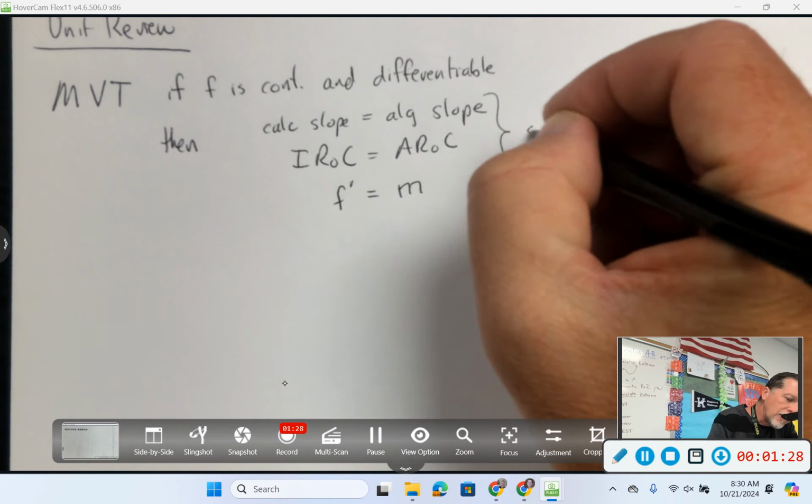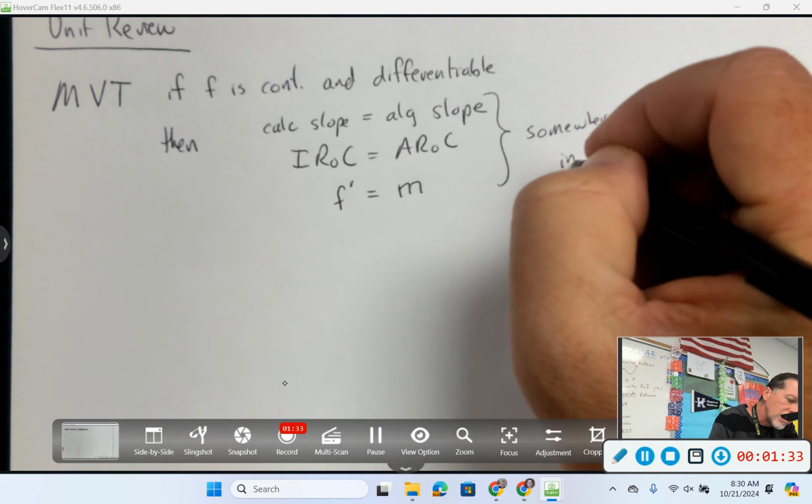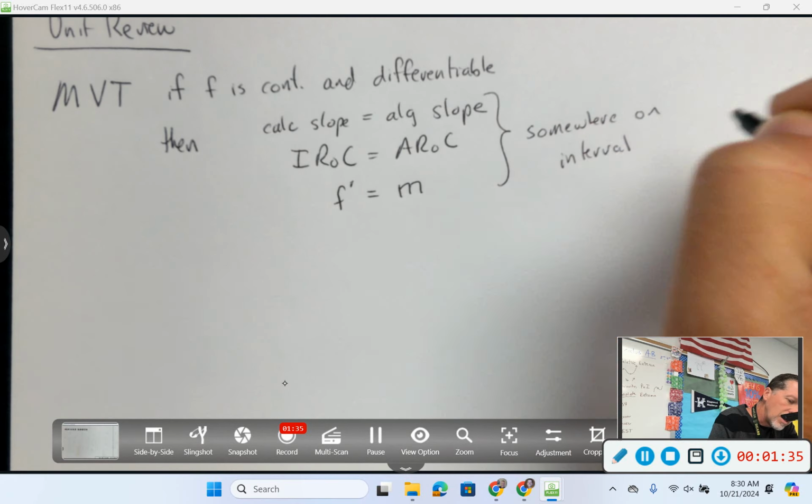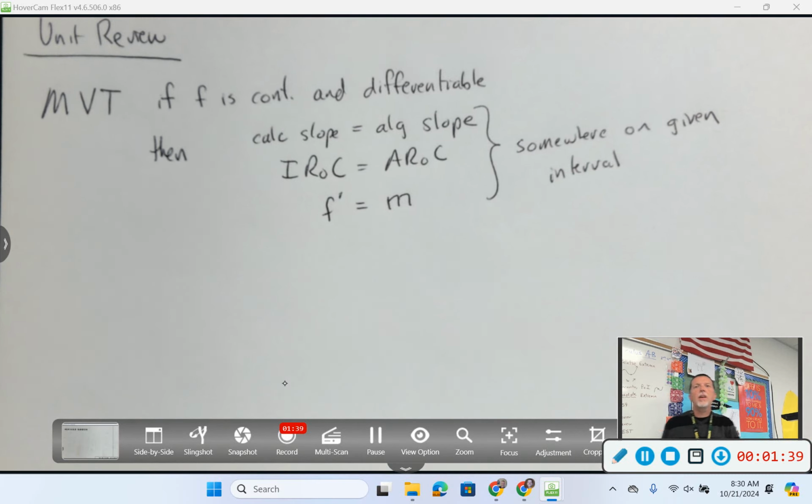And however you want to phrase that, somewhere on a given interval, I guess I should say. And usually the question is, where on the interval does it work? Like, where is the calculus slope equal to the algebra slope?